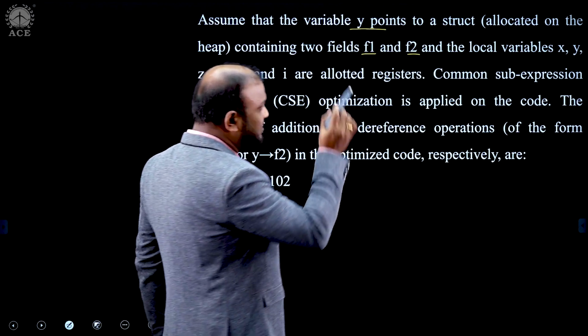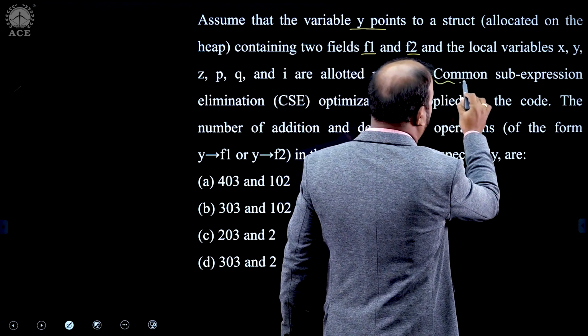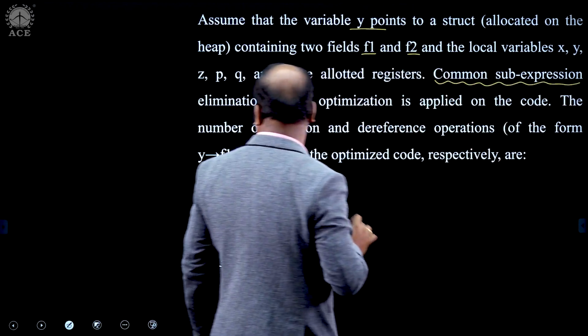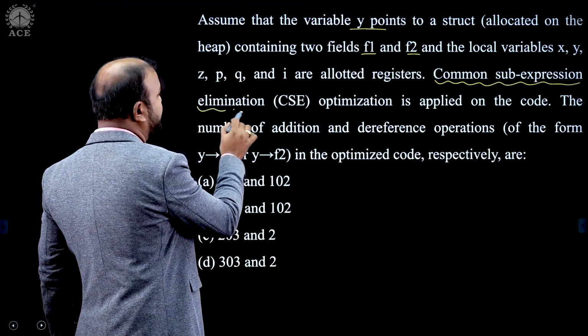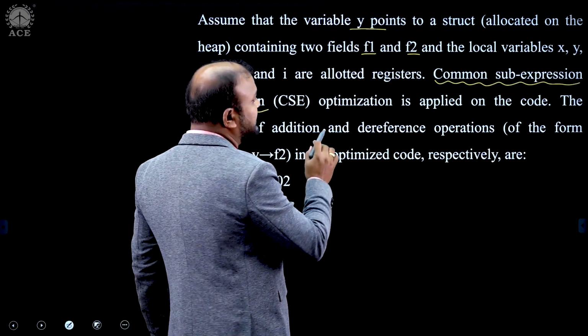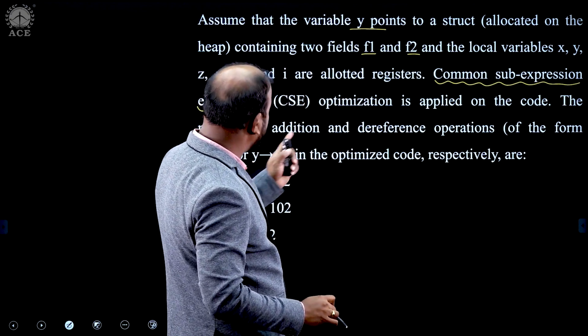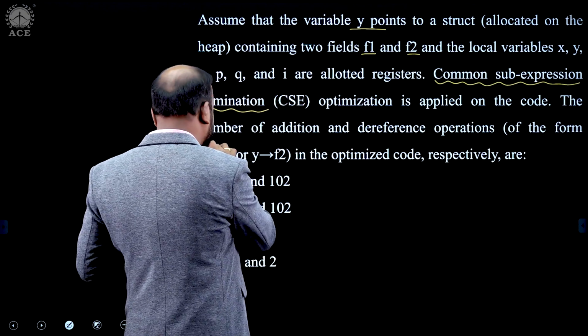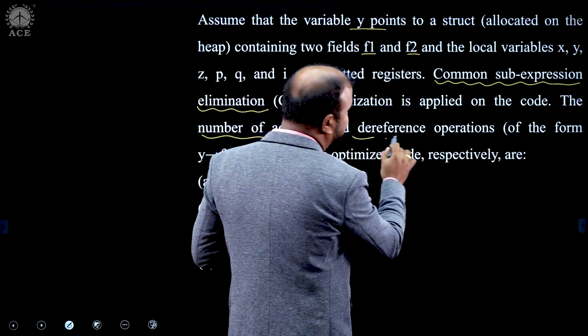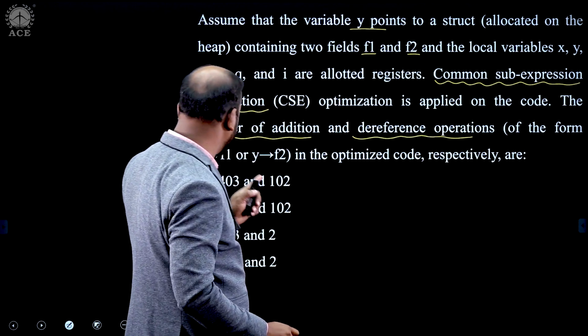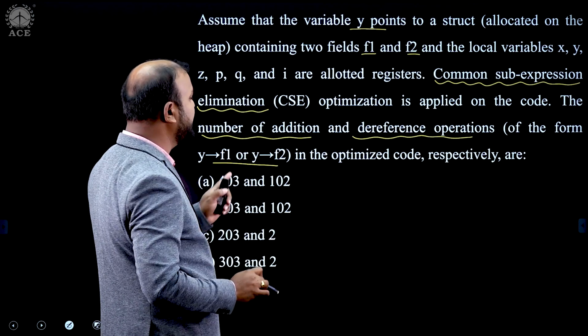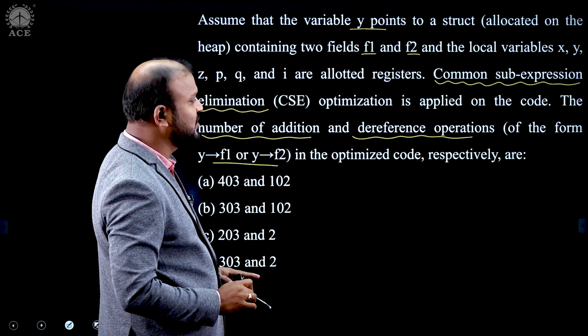Now the question is completely based on this statement: common sub-expression elimination optimization is applied on the code. The number of additions and dereference operations of the form y to f1, y to f2 in the optimized code respectively are.